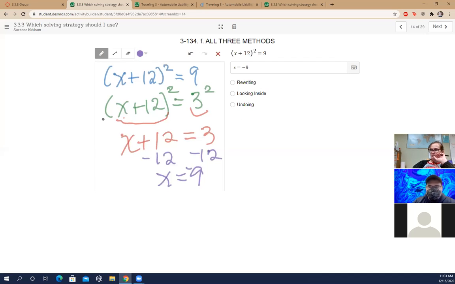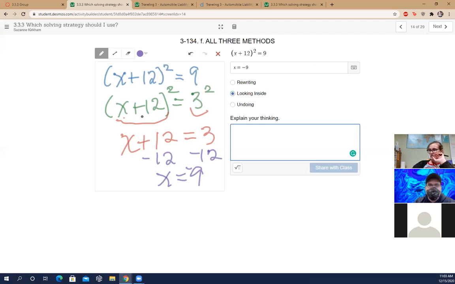We could call that looking inside because we were looking inside the parentheses, I guess. And we were looking inside the 9 to say, hey, 9 would be what squared? What do you think? Would it be looking inside or rewriting?